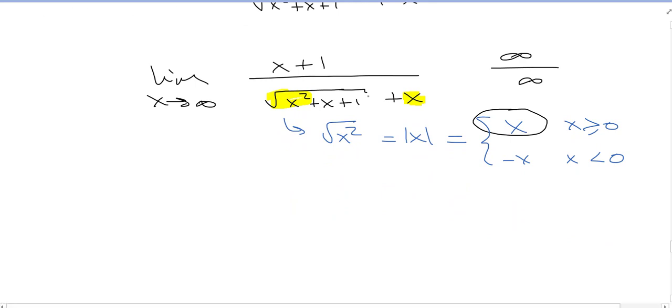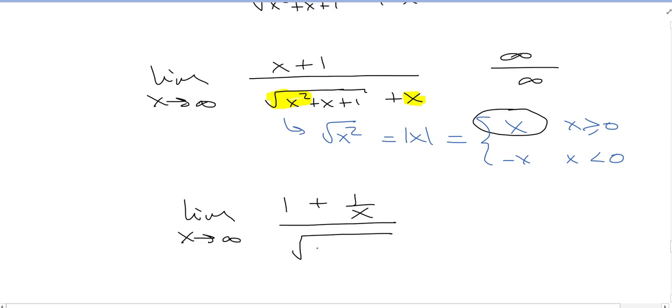So I'm going to divide everything by x. So I'm going to have the limit as x goes to infinity, dividing every term by x. This is part 3 of a video series, so I'm going to skip the division part. I'm just going to say x divided by x is 1, plus 1 divided by x is 1 over x. And then here, this is going to be my x squared divided by x, so by x, the square root of x squared.